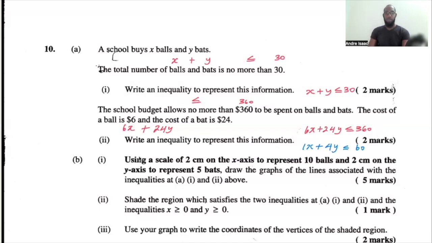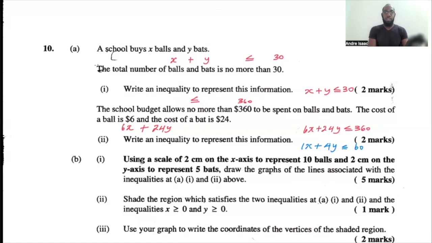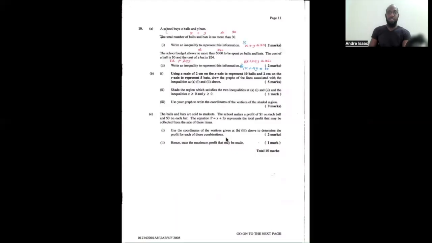Now part B tells us to use a scale of 2 cm on the x-axis to represent 10 balls, and 2 cm on the y-axis to represent 5 bats. So you have to draw the lines associated with inequalities 1 and 2. Let's set up the scale.